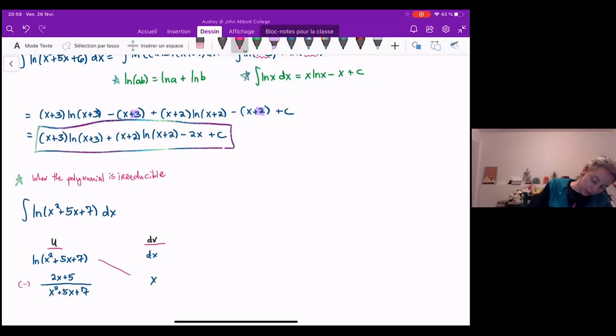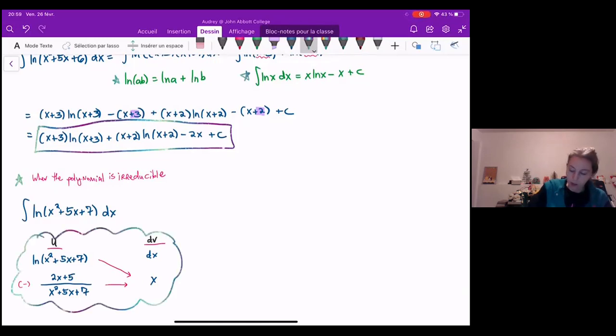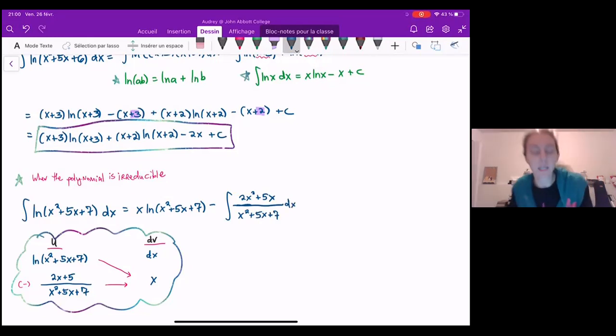So then I do my subtraction here, and I get that this is equal to x ln of x squared plus 5x plus 7 minus the integral of 2x squared plus 5x over x squared plus 5x plus 7 dx. So that 2x squared plus 5x came from me just multiplying my du times my v. I multiplied that x and distributed it immediately through the 2x plus 5 here.